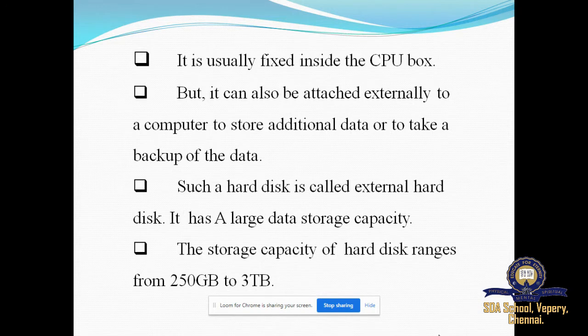Such a hard disk is called an external hard disk and it has a large data storage capacity. The storage capacity of a hard disk ranges from 250 GB to 3 TB, where GB means gigabyte and TB means terabyte.